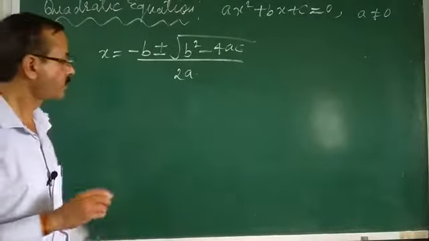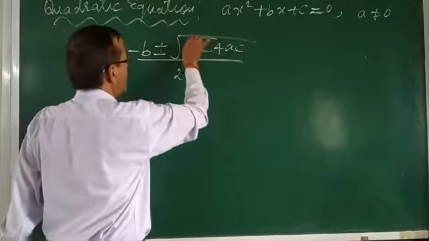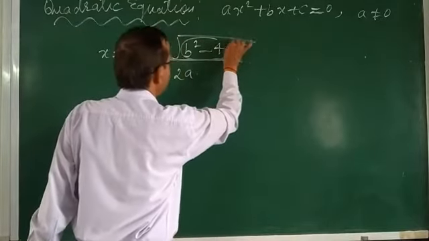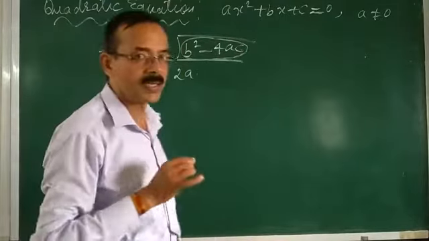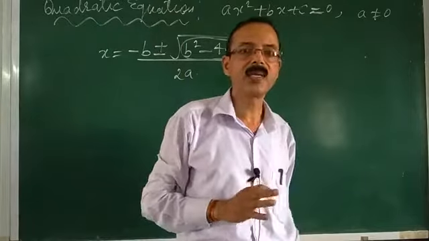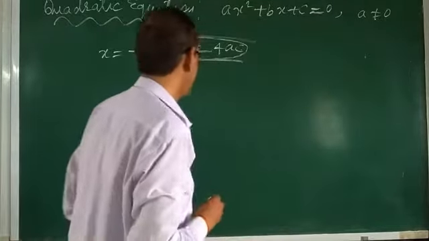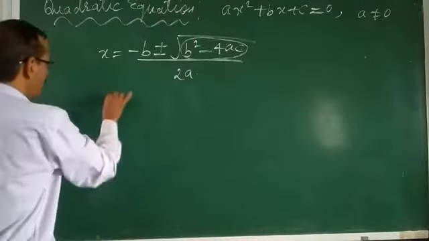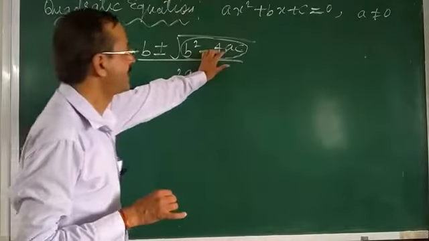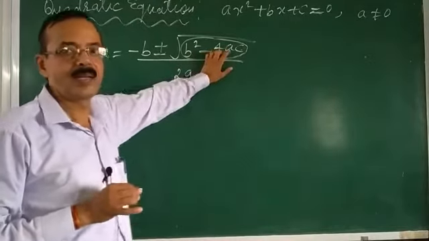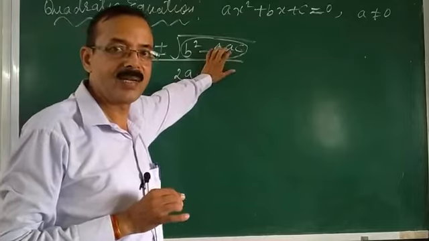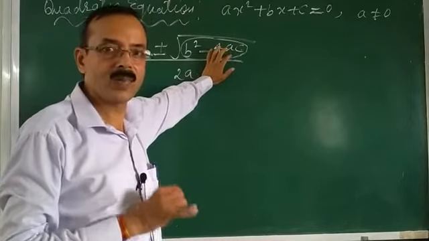What is this? ये क्या है? This tells us about the nature of the roots. यह नेचर बताता है रूट्स का कैसा है। So b square minus 4ac is called a discriminant.